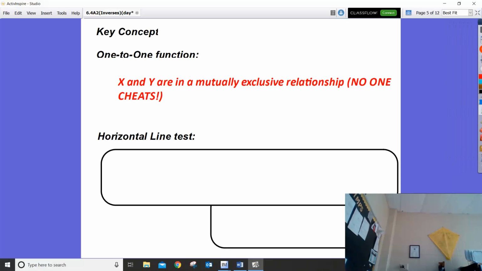These are mutually exclusive relationships, which basically means no one cheats. You ever heard the term mutually exclusive? You got a girlfriend? Just the one? That means you're mutually exclusive, as long as she's not seeing anybody else. Mutually exclusive means that you are exclusive to each other.